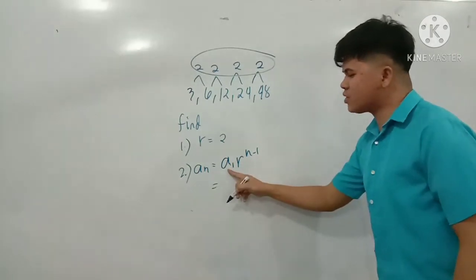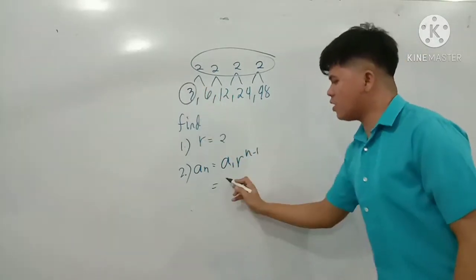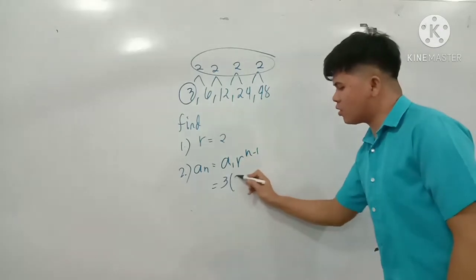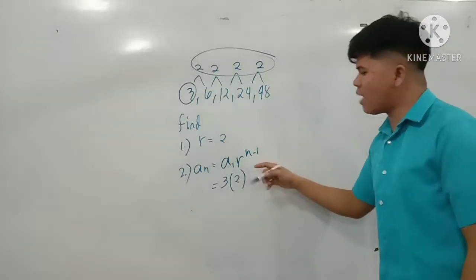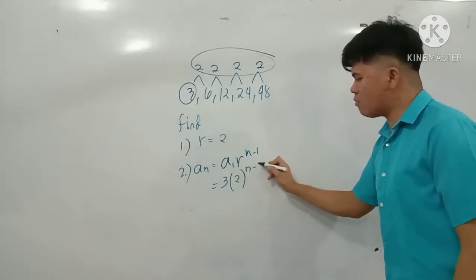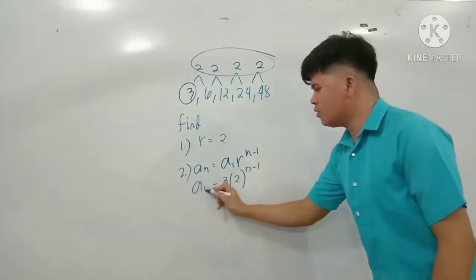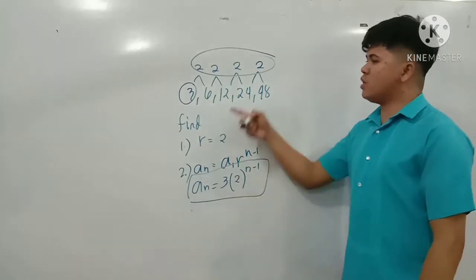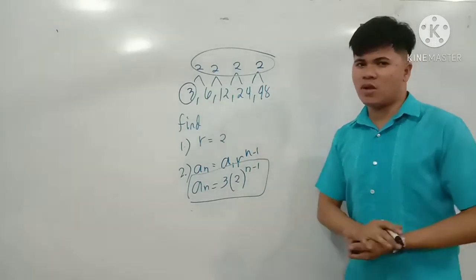Our first term is 3, so we have here 3. And our common ratio is simply 2, so we multiply it by 2. Then we simply copy raised to n minus 1. Therefore, this is the general term or the general formula of this given sequence.